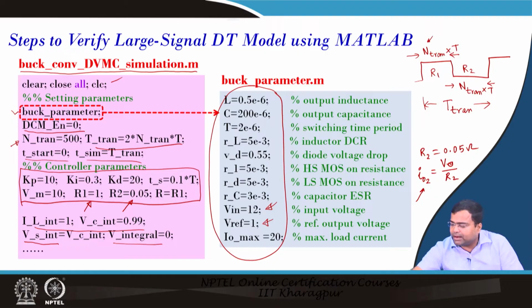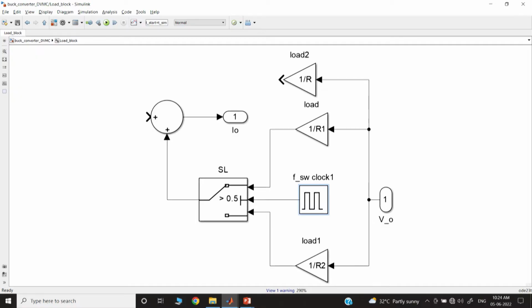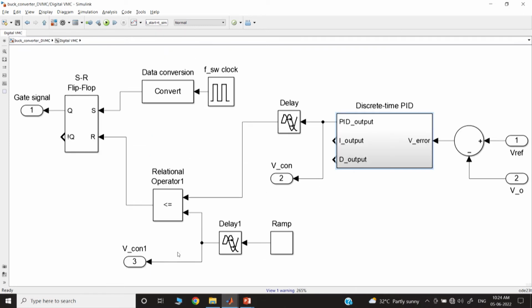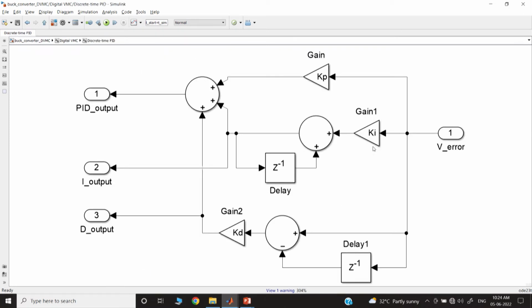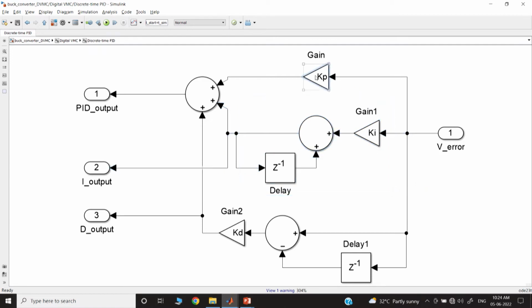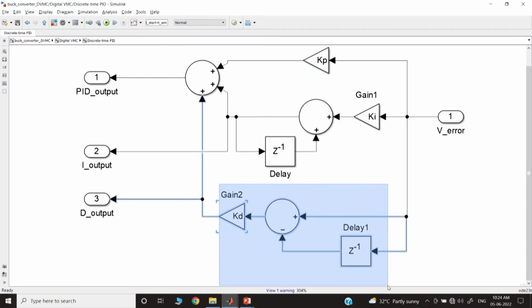So, let us go to the MATLAB block and I will show you. Here we have a digital controller, and if you go inside, this is the block for the integral part of the discrete time integral control. This is the proportional control and this is the discrete time derivative control.